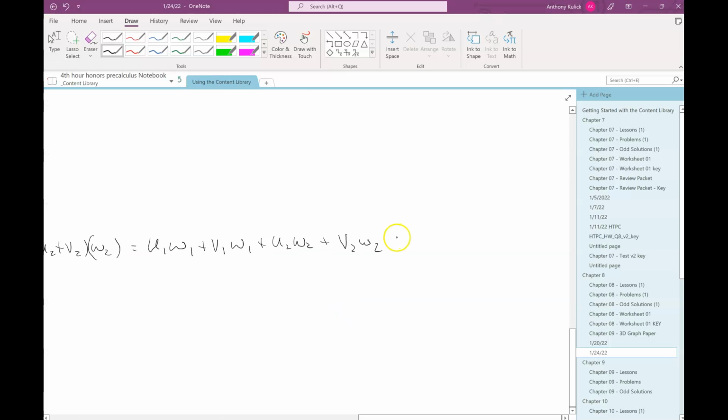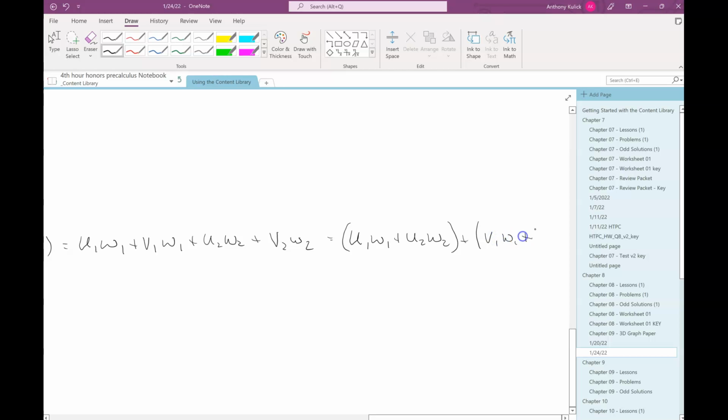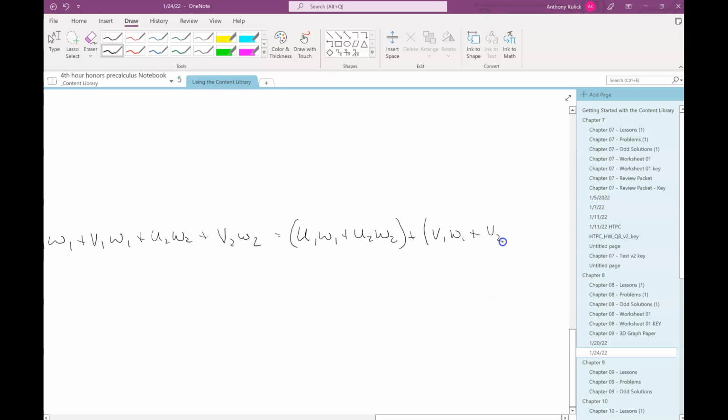And now I'm going to just rearrange my groups to put the things with the u's together, and then the things with the w's together. And it's okay to do this because all I'm doing here is rearranging real numbers, right? I just have four pairs of real numbers. I can add them in any order I want, group them together in any order I want. That's all okay to do.